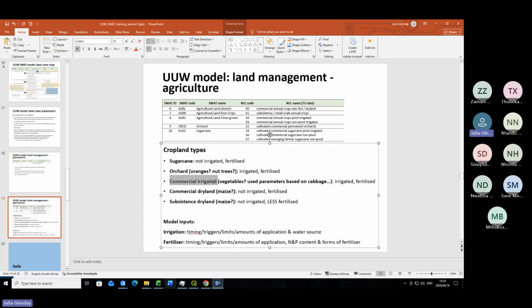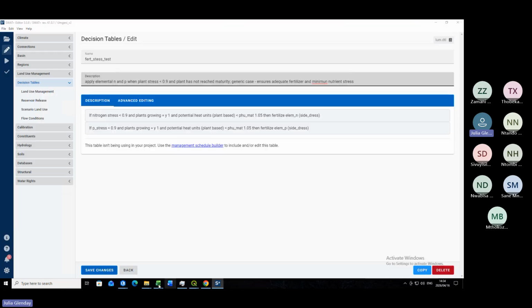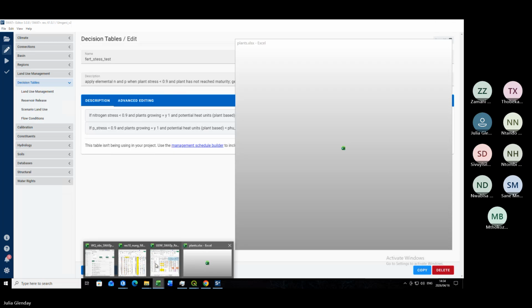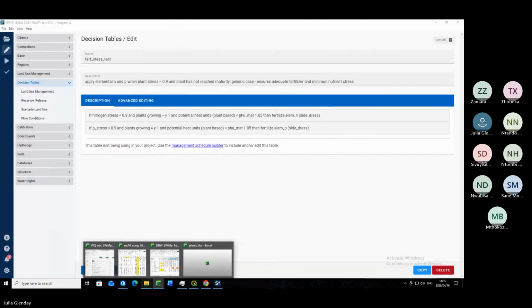The way I've set it up at the moment, which I can still change based on your input, is an assumption about what is actually on the ground. For commercial irrigated, I assumed it was vegetables, but that may not be the case.